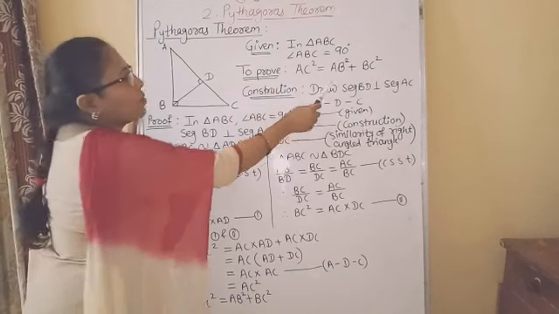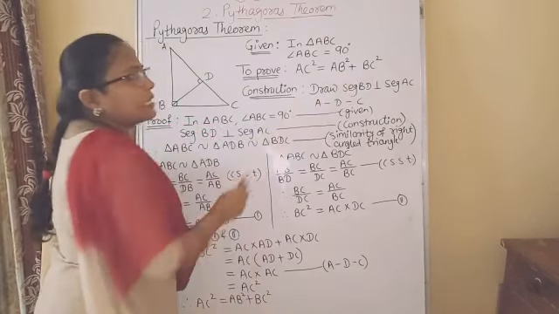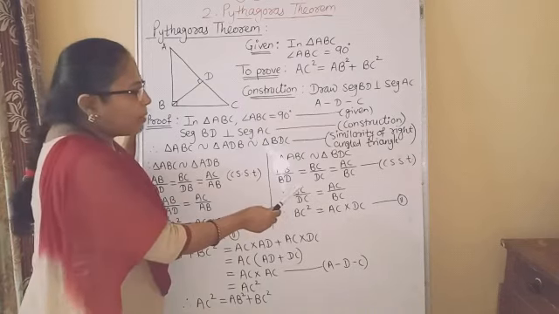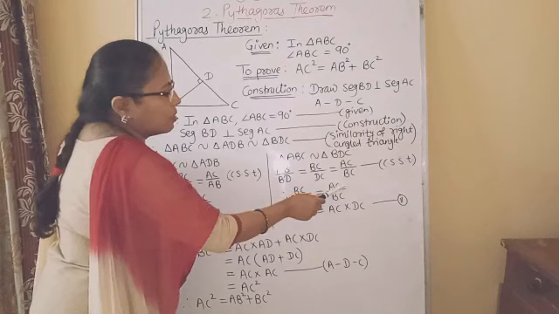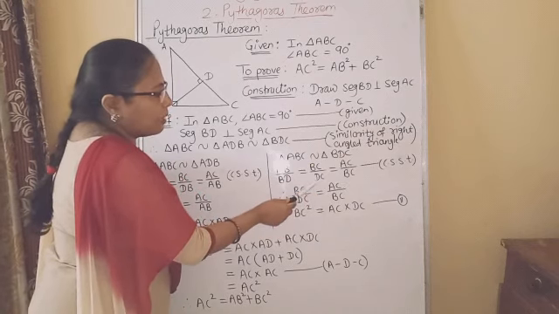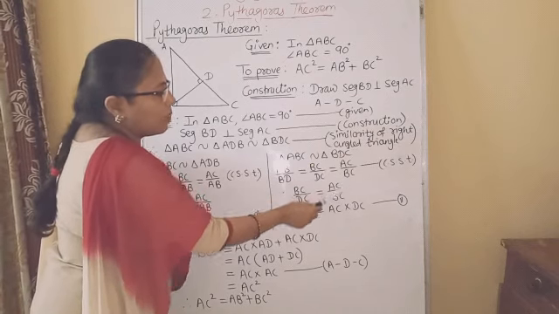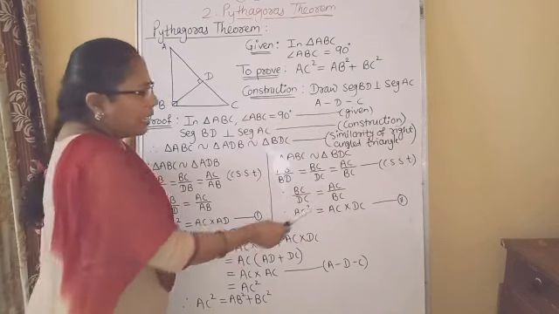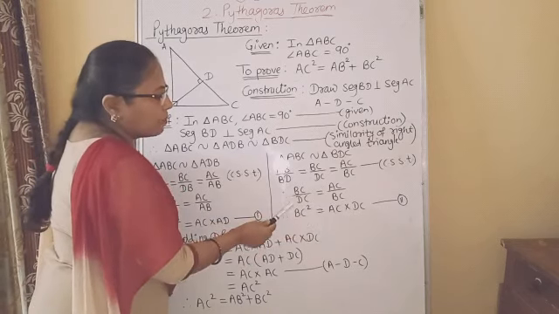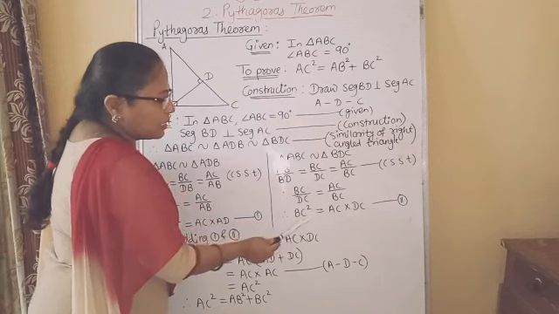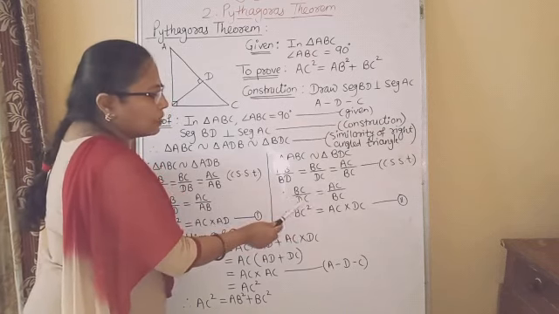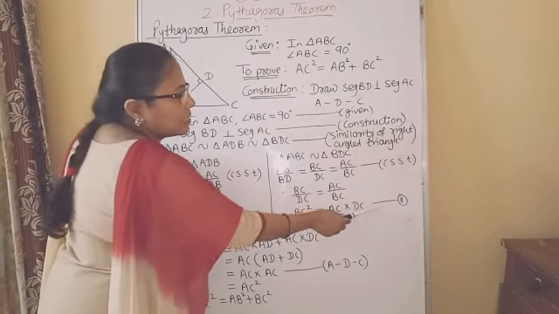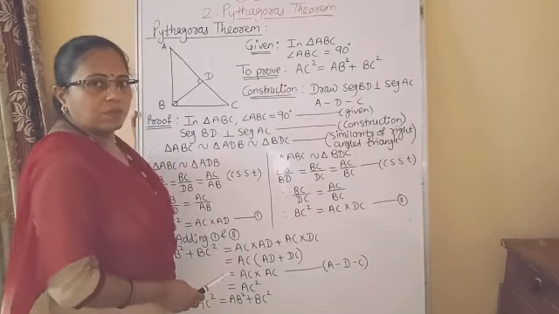Now here what we want to prove, in that we required BC square. So to get BC square, we will take the second and third ratio. BC upon DC equal to AC upon BC. And then we will do cross multiplication. So BC into BC, BC square equal to AC into DC. This is statement number 2.